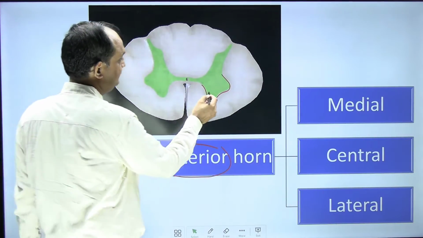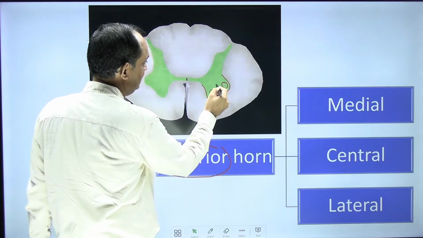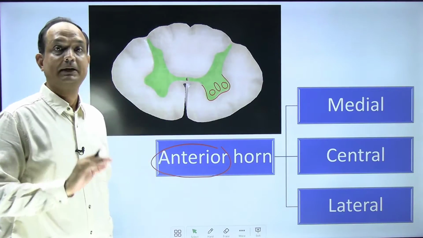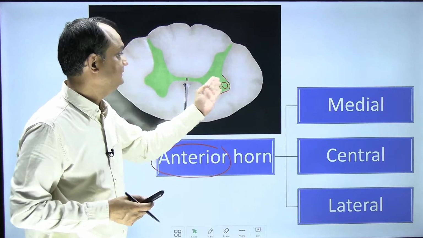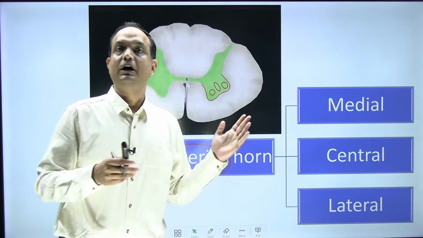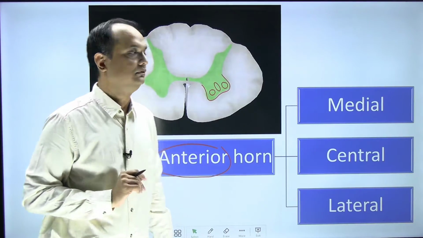So here you will have the medial, here the lateral, and this is the central group of nuclei. But dear students, you should know that these nuclei are further divided into different subnuclei, which I already told you in the class on the grey matter of the spinal cord.